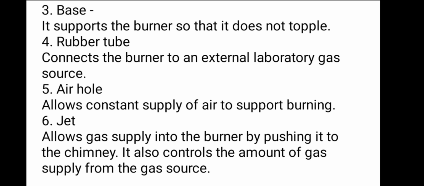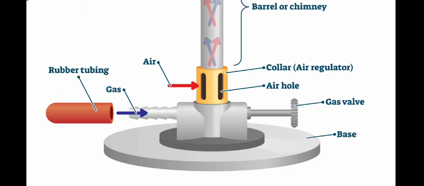The fourth part is the rubber tube or rubber tubing. When you have a look, the rubber tubing is a connection, more like a pipe that connects the Bunsen burner to a gas source.